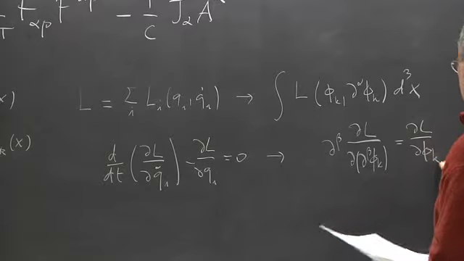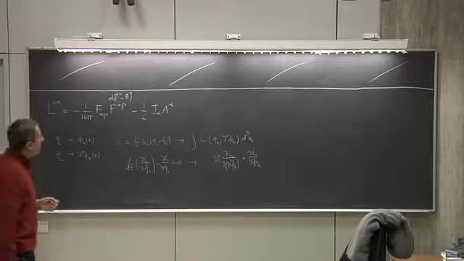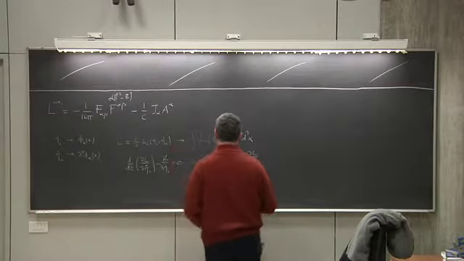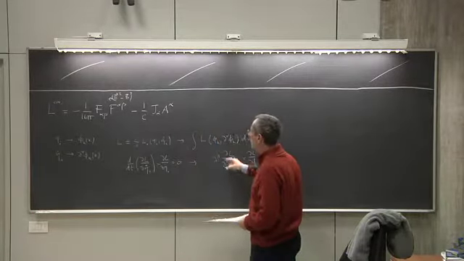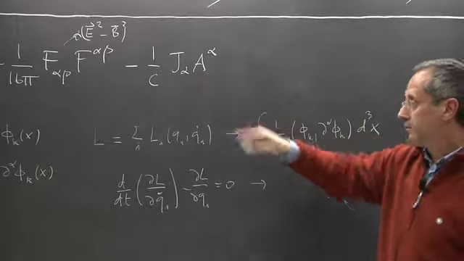Okay. So for the case of the electromagnetic field, these field variables are going to be your four-potentials.